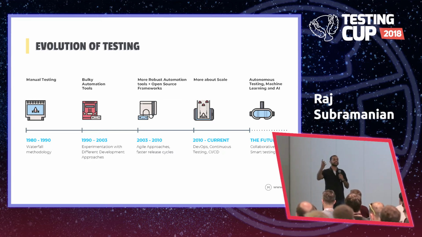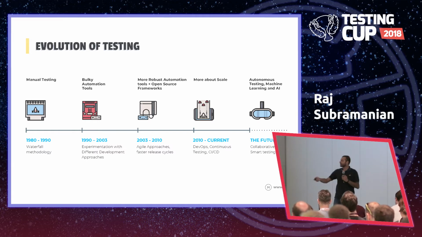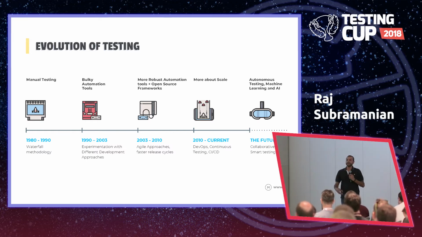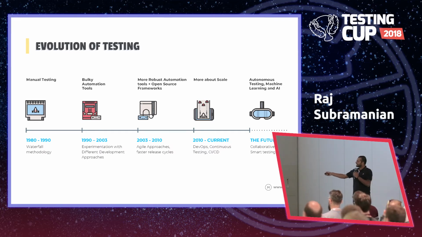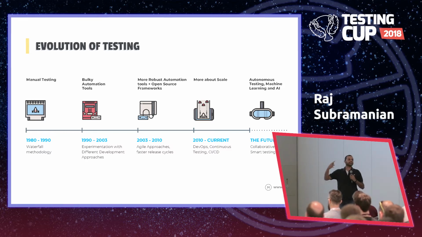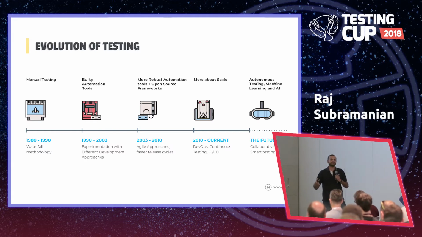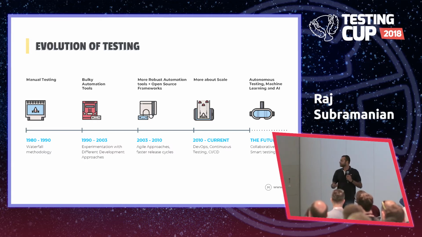For example, Selenium started in the 2003 to 2010 time frame, right? And it encouraged collaboration and other testers in the community to help out in solving common problems in software testing. And at the same time, Scrum, XP, Kanban, and all the agile approaches became a normal thing in the software development life cycle.